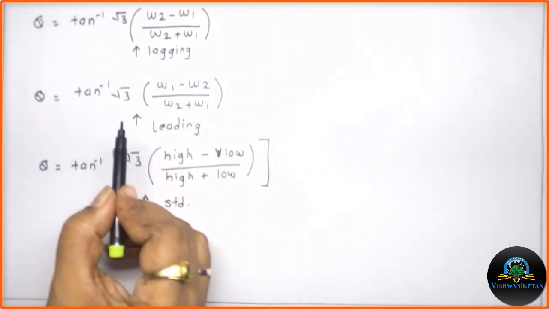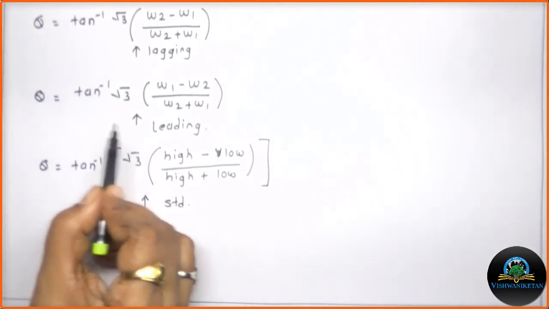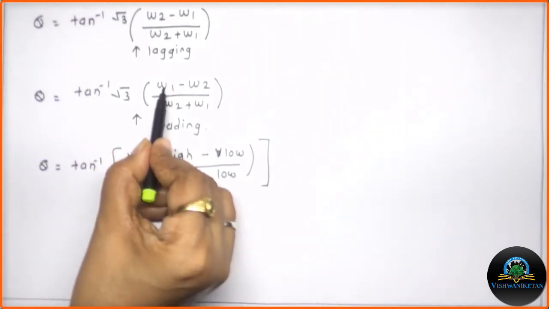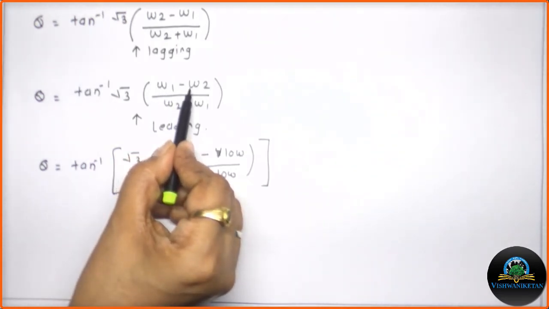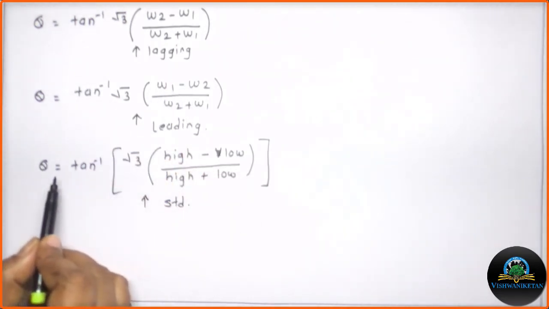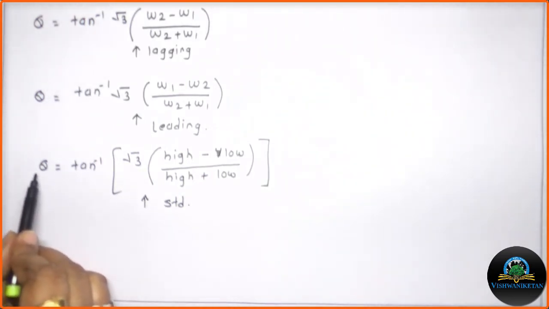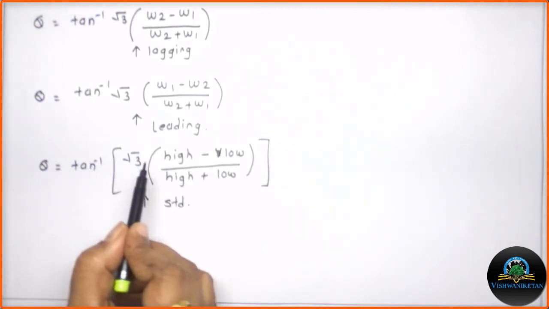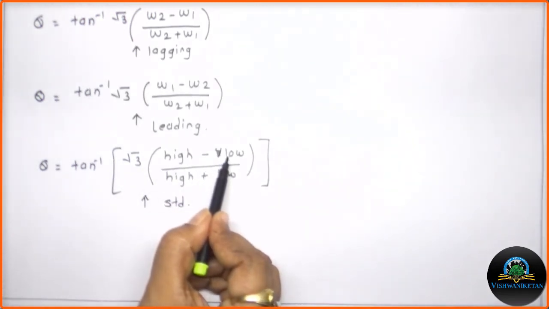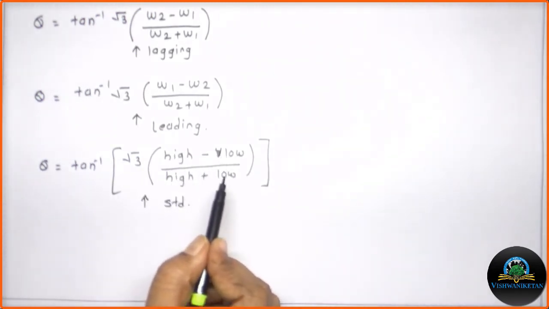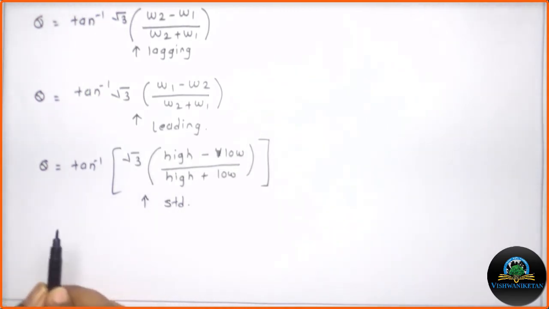As per the leading power factor only we have to multiply the numerator by minus sign, so the change will be W1 minus W2, and the standard equation for calculation of theta is tan inverse root 3 (high value minus low value) upon (high plus low). Thank you very much.